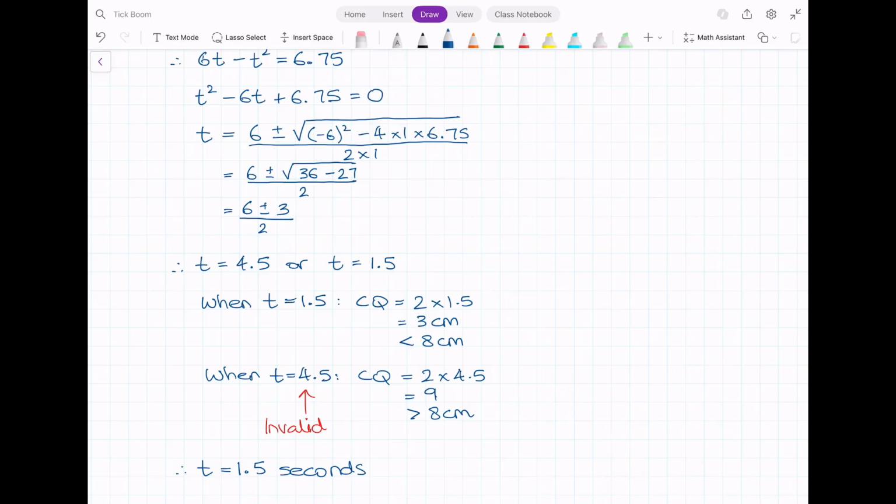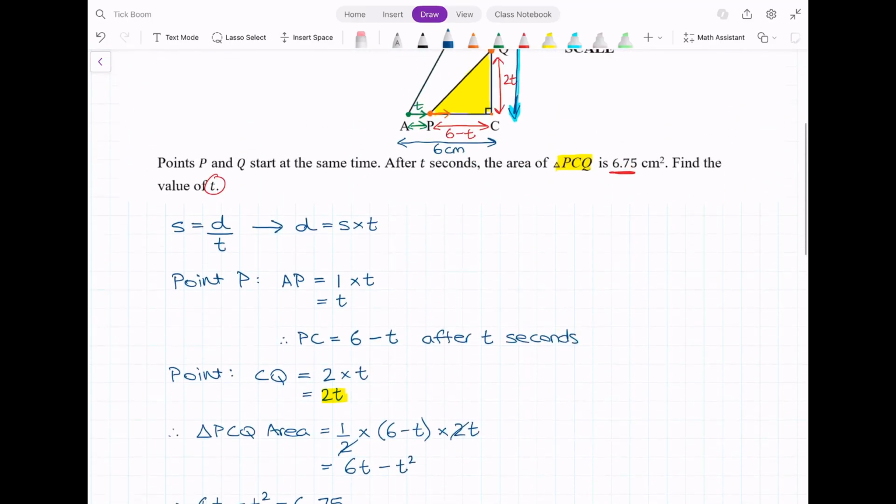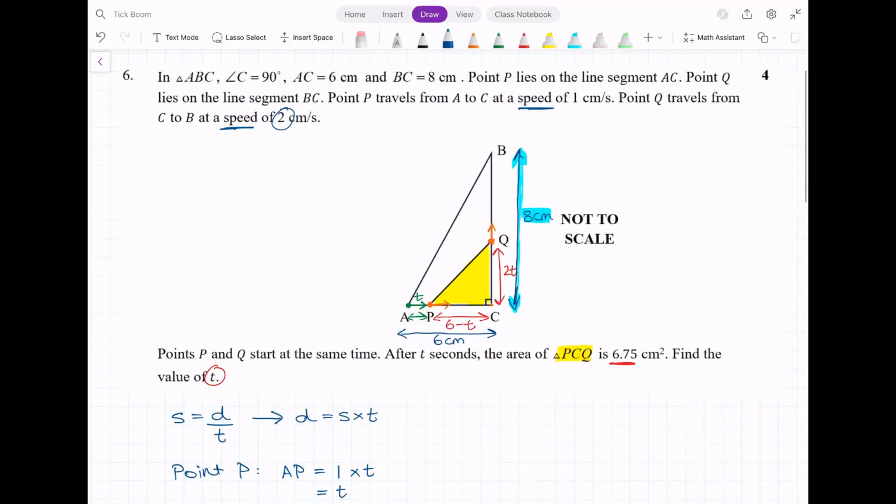So I think it's understandable that this question is quite a difficult worded problem. We're making use of a bit of knowledge from year 8. I think it could be the last time you officially learn this, where we deal with speed, distance and time, and knowing that relationship.